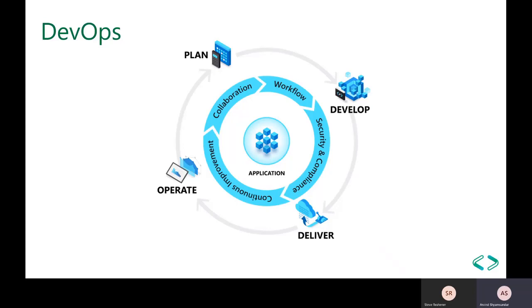These are some of the principles being driven in today's world where DevOps principles are being adopted. Considering the broader scope of the DevOps term, you have these four phases. First, you plan and manage your software project.